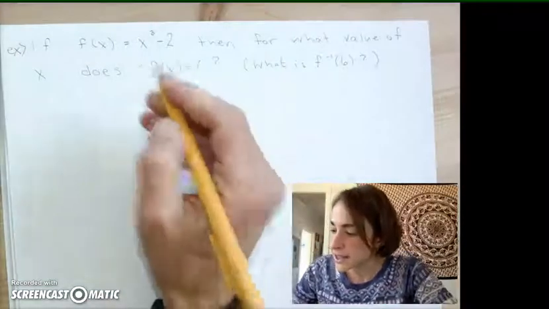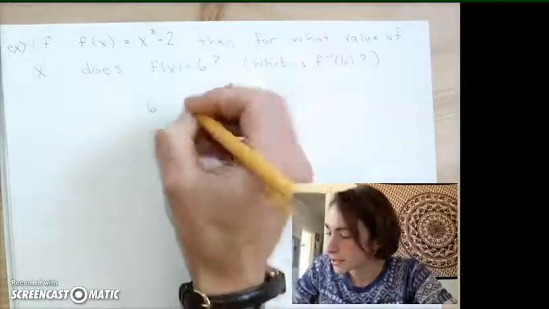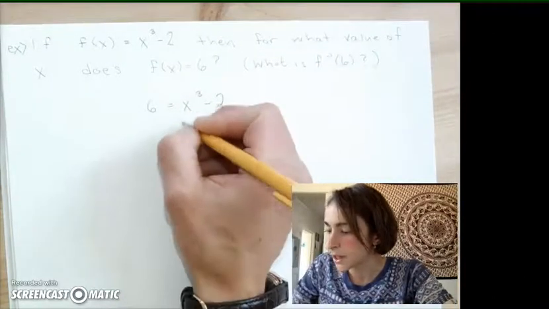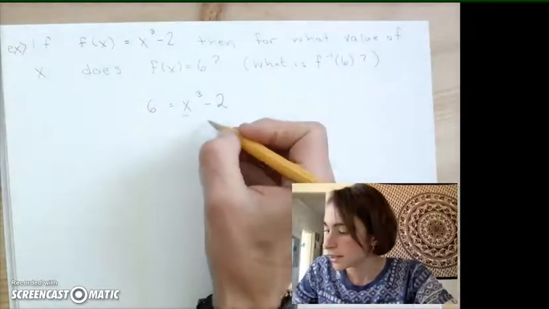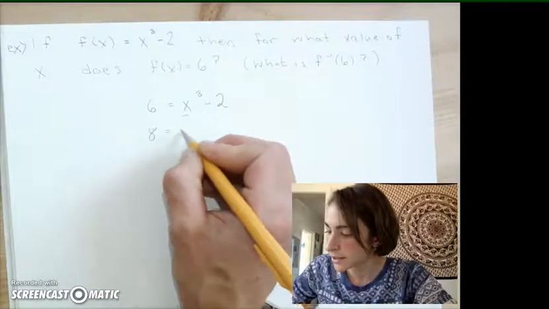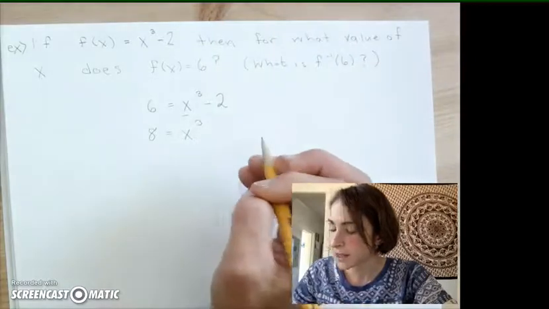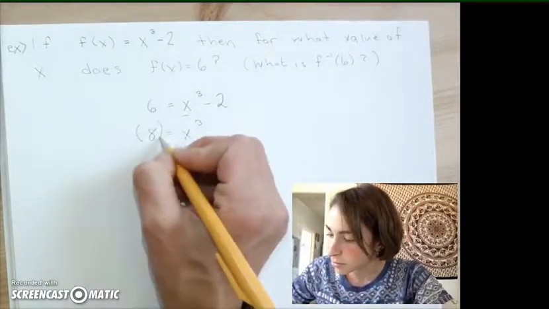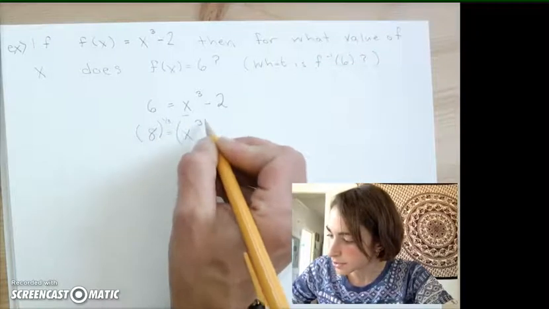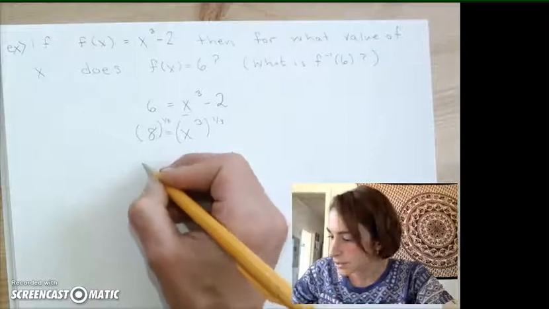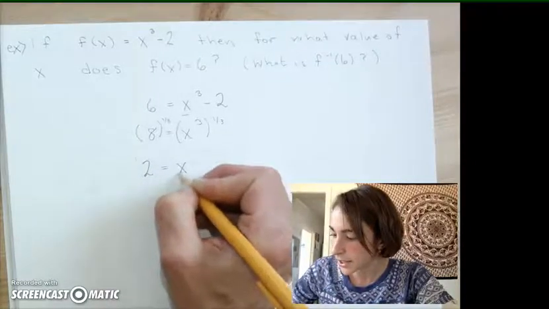So if f of x equals 6, then we have 6 equals x cubed minus 2, and we're trying to solve for x. So I'll add 2 to both sides, and I get 8 equals x cubed. To solve for x, now I just take the cube root of both sides, or raise both sides to the 1/3 power. The cube root of 8 is 2. So here we get x is 2.